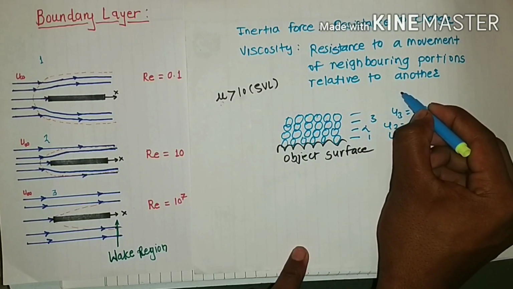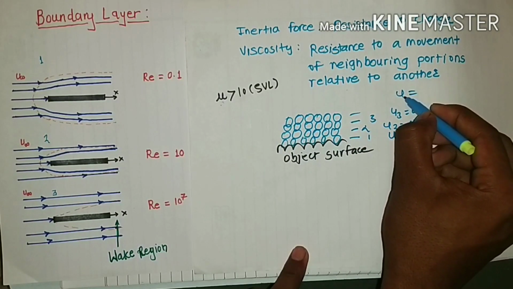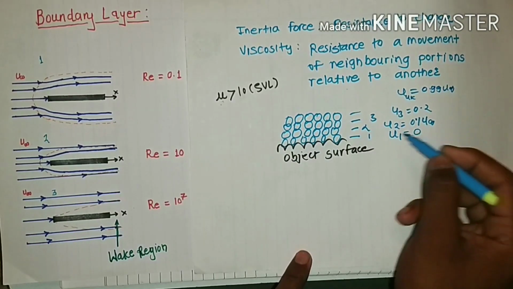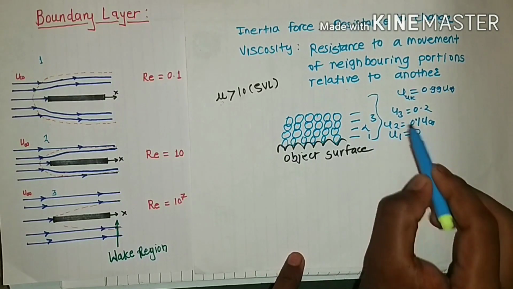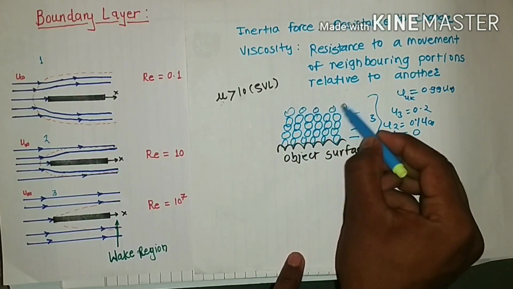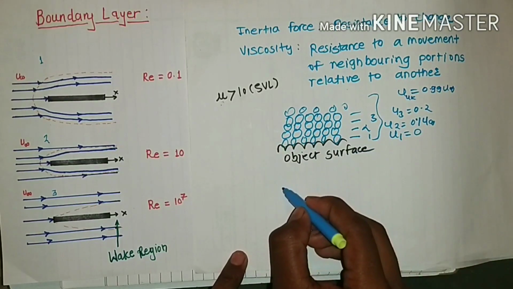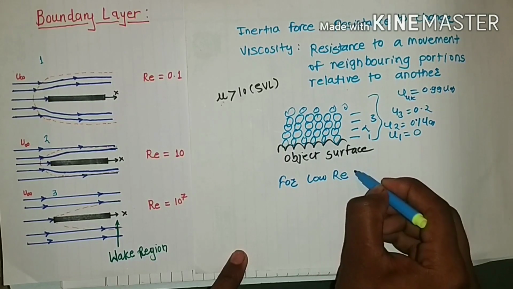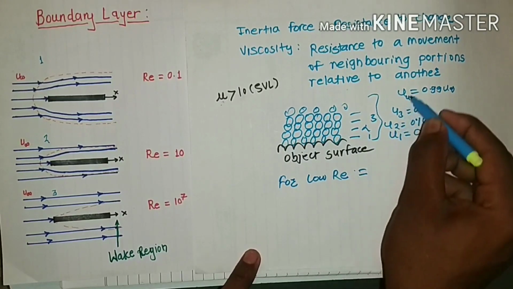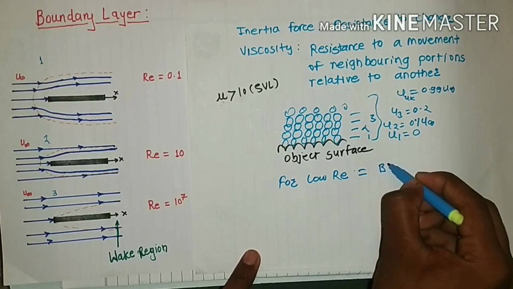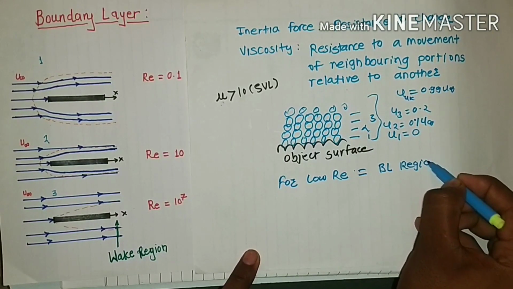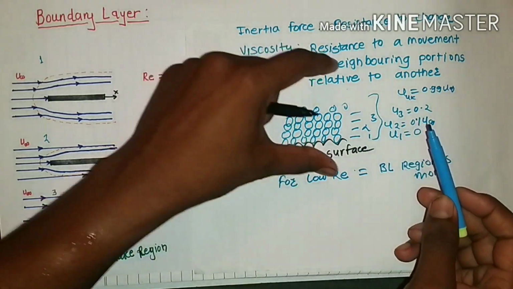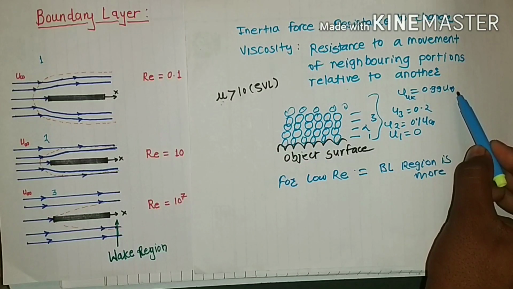Now to attain u equal to 0.99 of u infinity, it takes too many layers. So for low Reynolds number, the boundary layer region is large, right? Because it takes too many layers to attain the free stream velocity.